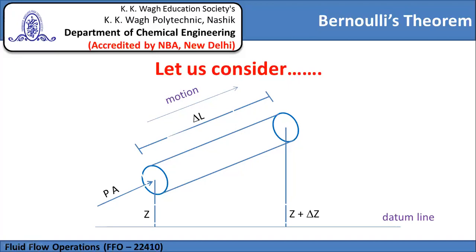So the force acting in the direction of motion will be P into A, and the opposite force, that is P plus delta P into A. The self weight of this fluid element also imposes a force due to its weight, that is rho A delta L into G.